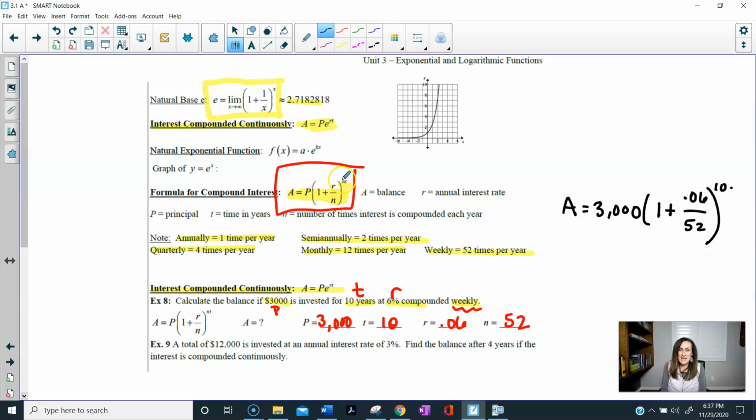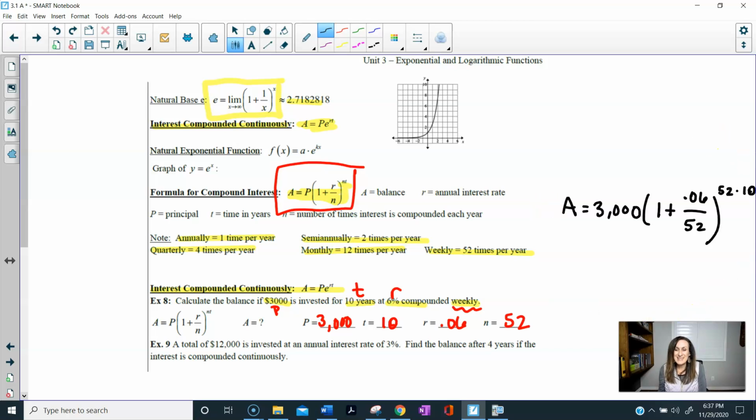So n is 52, and 10 is how many total years we're going to have.